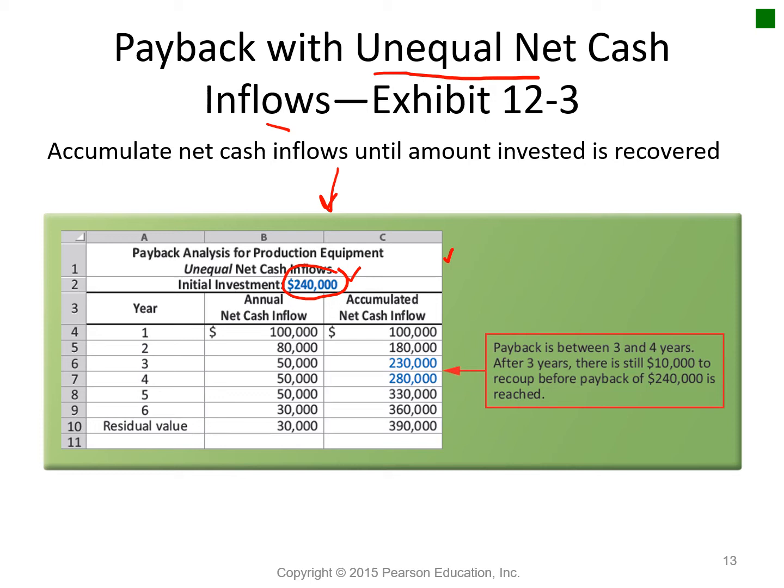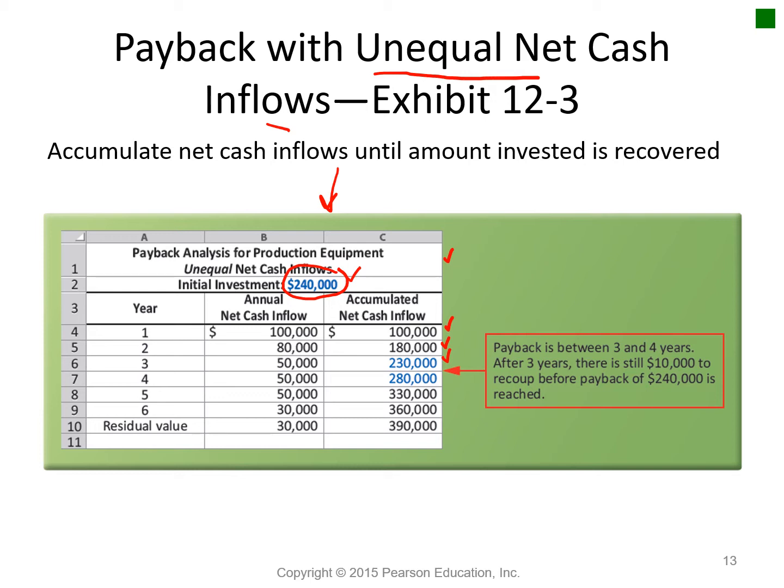In year 1, they recouped $100,000. In year 2, that's another 80, which brings you up to 180. Again, you're trying to get to 240. In year 3, there's another 50,000. You add that to 180, and now you're up to 230. So you only have another $10,000 to go to recoup your investment.